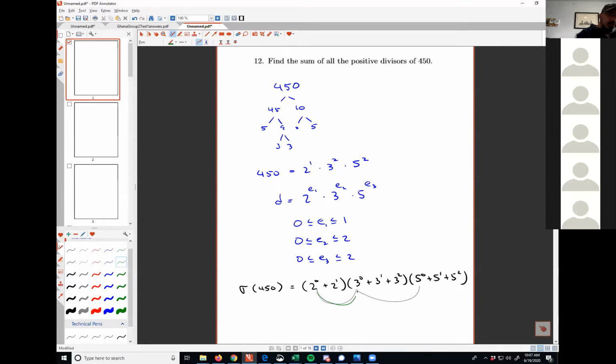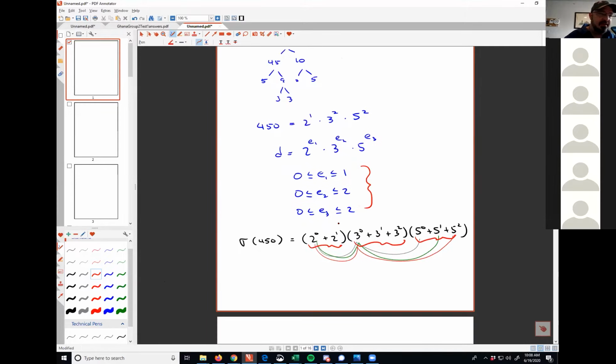And we would get 2 to the 0 times 3 to the 0 times 5 to the first. And 2 to the 0 times 3 to the 0 times 5 squared. We multiply each and every one of the different powers of 2, the different powers of 3 and the different powers of 5. And we get every single one of these combinations of the exponents. So let's stop here for a moment. Is that clear? Yes, please.